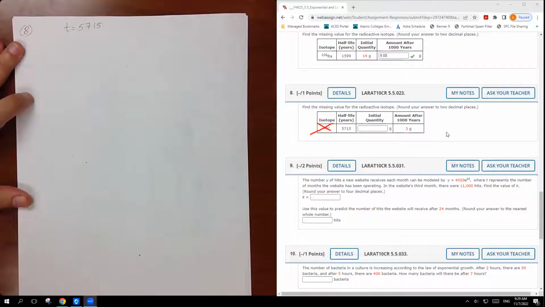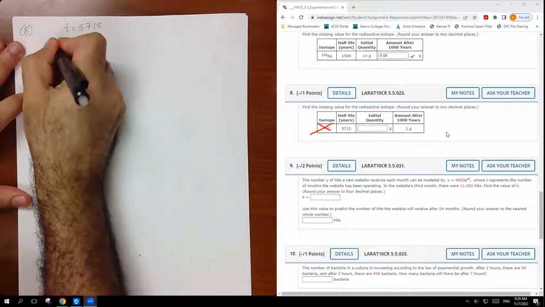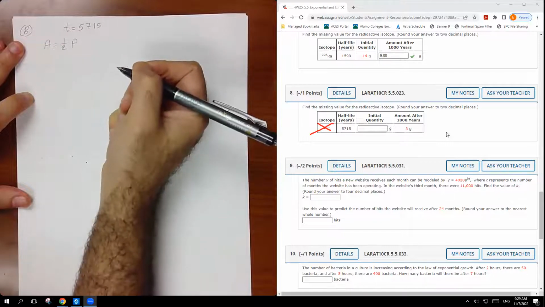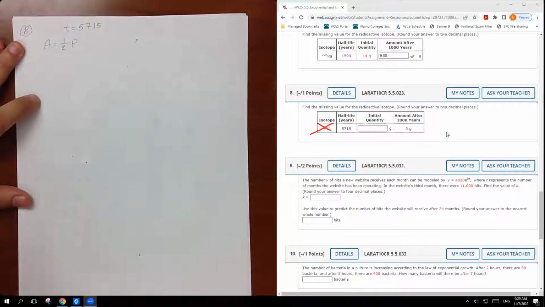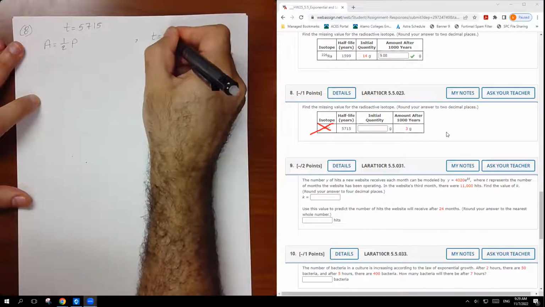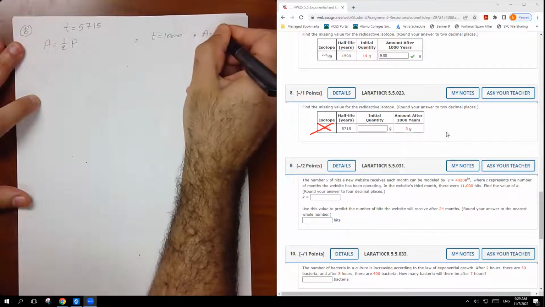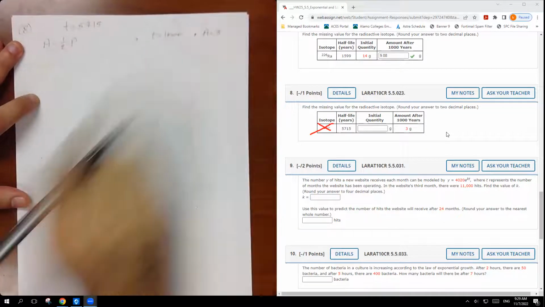That means our future amount is going to be half the initial. This is the second information. And we have the amount after 1,000 years, A equal 3 gram. This is for the second part.